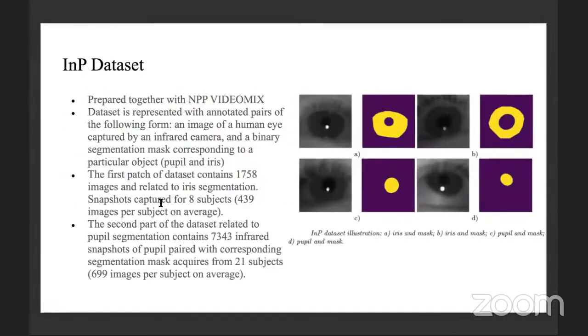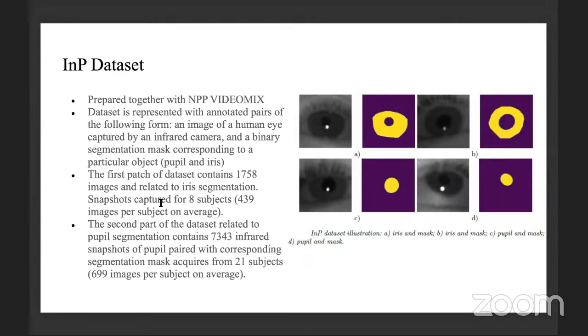NPP Video Mix company has provided us with the data set, and we made the markup for it. So there is an image of an eye, and we need to separate the iris image and the image of the pupil.